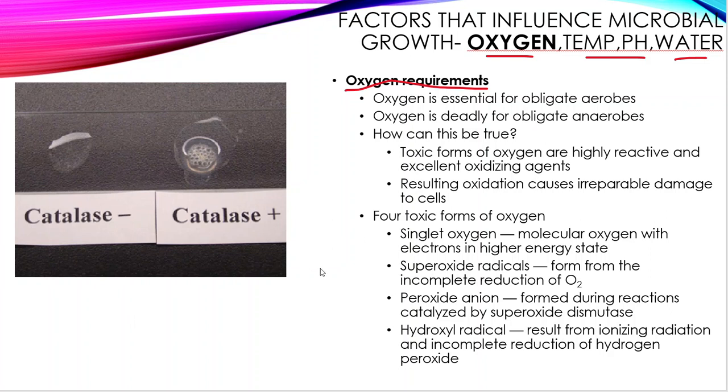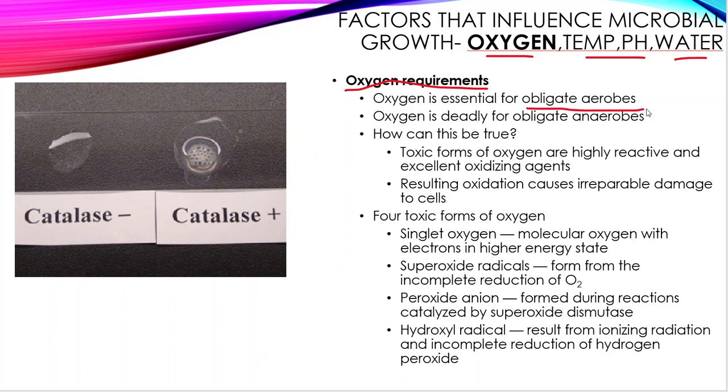Some bacteria have a lot of enzymes to detoxify oxygen, so they are perfectly happy and at home in an oxygen atmosphere. Some of them have none, and so they will be destroyed by oxygen. Those are anaerobic bacteria. And then you've got several groups that are in betweens, and we'll talk about those in the next few slides.